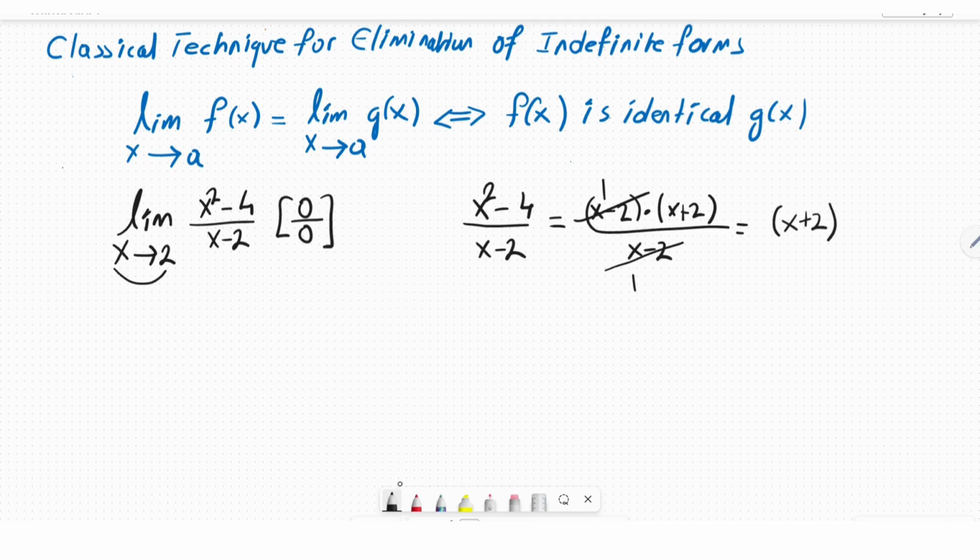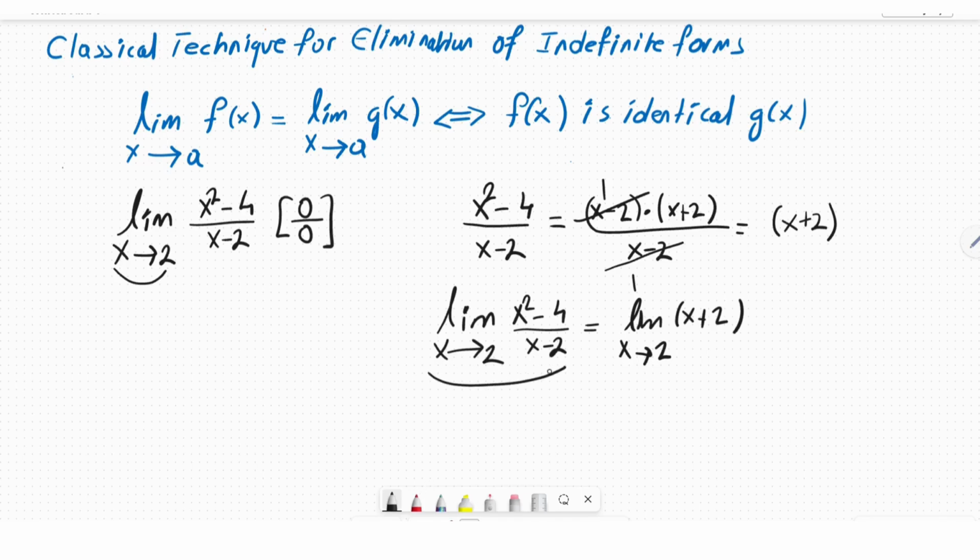So in that case, we can take limits of every term in these identical relations. Limit as x goes to 2, x squared minus 4 over x minus 2 is equal to limit as x goes to 2, x plus 2. And look at left hand side.